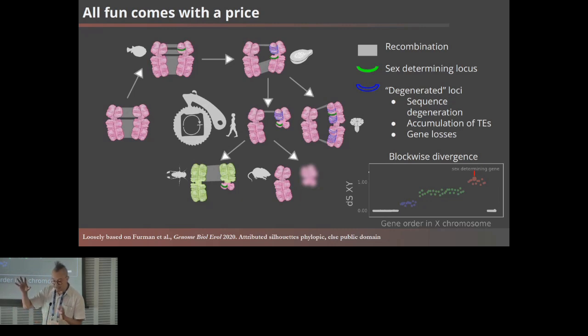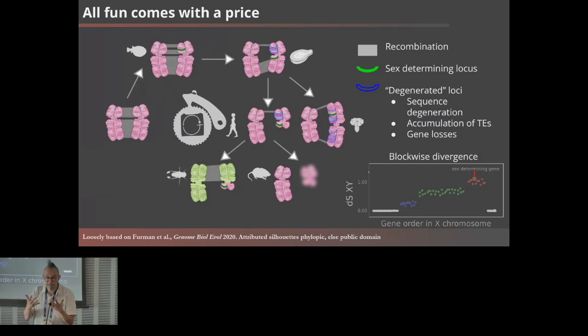One interesting fact about sex chromosomes is that once they stop recombining, recombination suppression grows around the non-recombining locus.